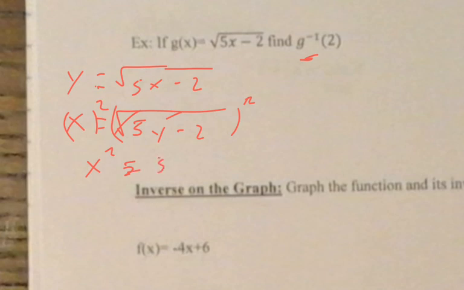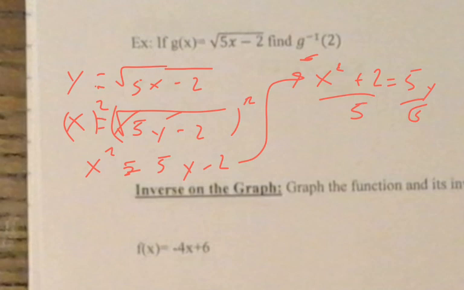We add 2 to both sides, so you get x squared plus 2 equals 5y. Divide by 5, and you get x squared plus 2 over 5. And we can replace this with g inverse of x. Oops, make sure you pay attention to the letters. It's g.